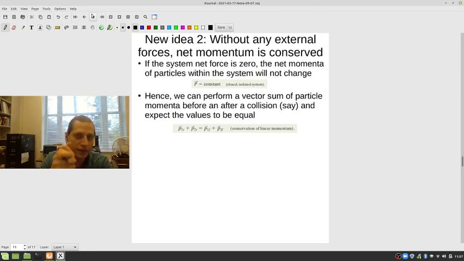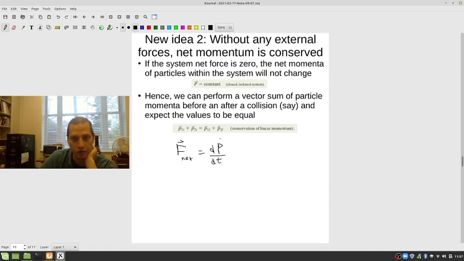Our second idea is that in this type of system where you don't have external forces, the net momentum is conserved. Okay, so F net equals dp/dt.